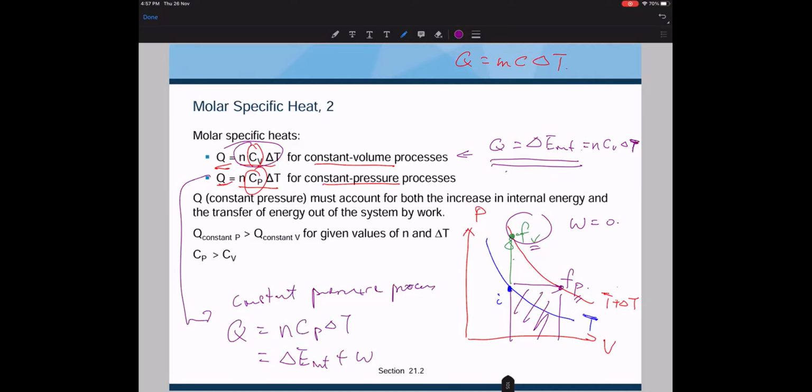What is the internal energy change? As I just wrote down here, the internal energy change can be represented by NCV delta T. What about the work done? It is equal to minus PdV.